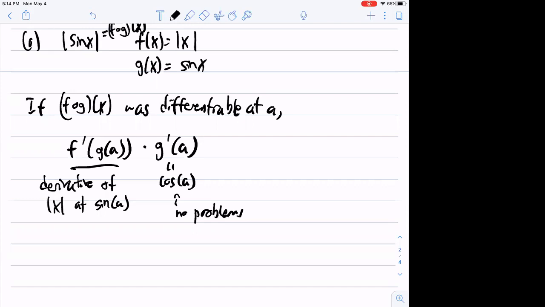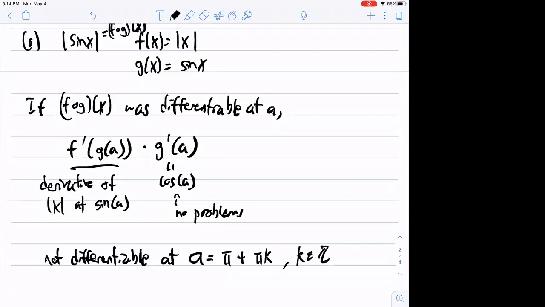But you don't want pi over 2. You want pi, 2 pi, 3 pi, 4 pi. So it's not differentiable at a equals pi k, for k in Z. Okay, any questions so far? So this is C.